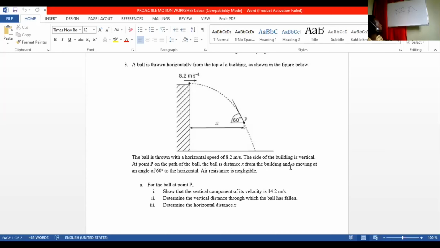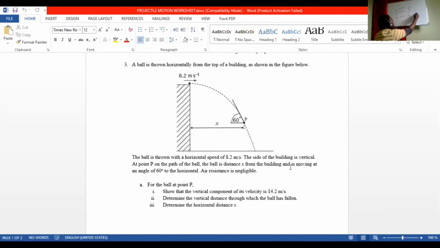We can find the time because we know that Vy is equal to V naught sine theta plus GT. So we can find V naught because we have both components. We have the angle, we know G, and we can find the time there.